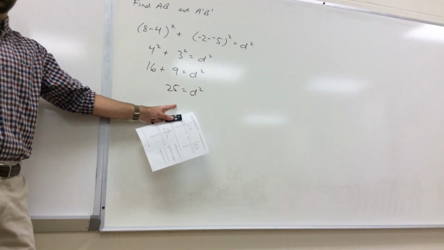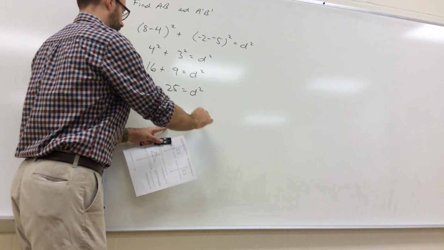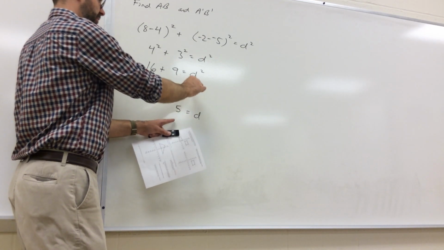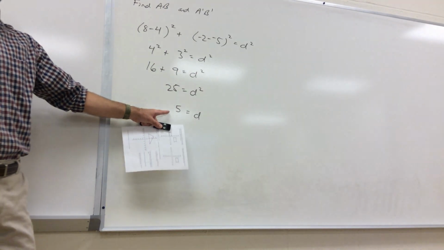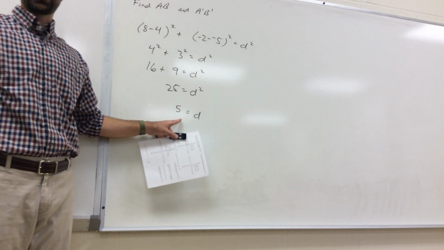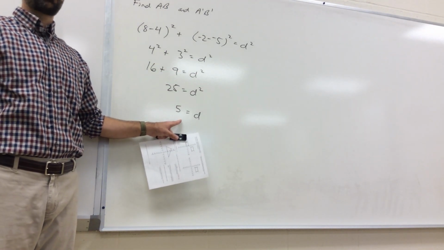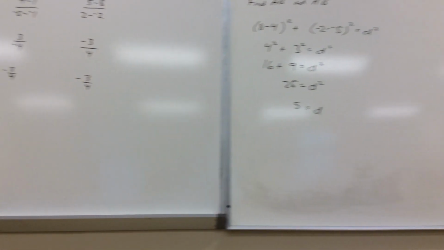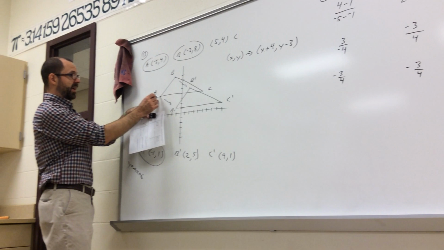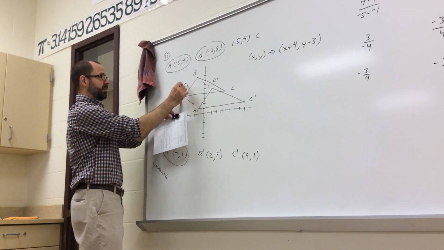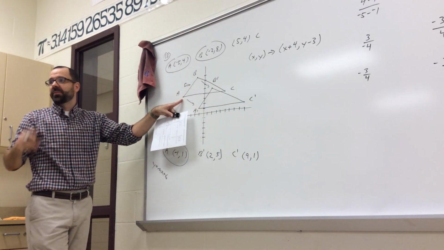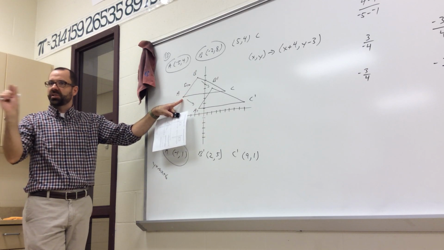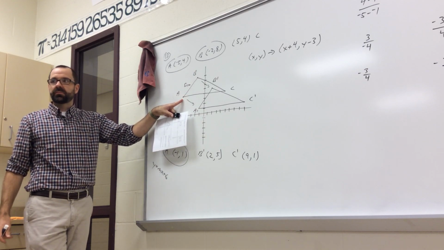And then you take the square root to get rid of the square. So the final distance comes out to 5. Okay, so what that means is, back here over in our picture, from A to B, the distance is 5 centimeters or 5 inches or whatever those squares are worth.